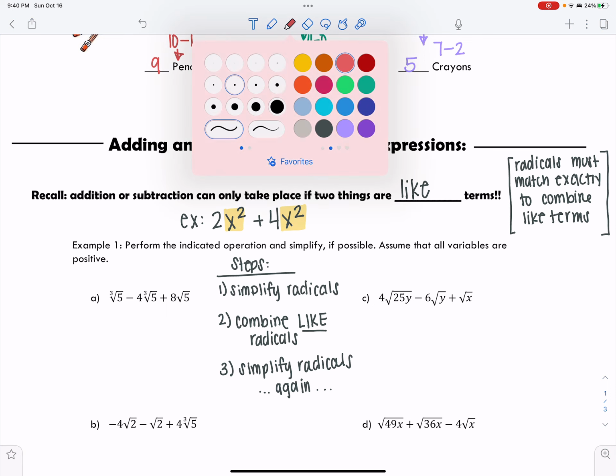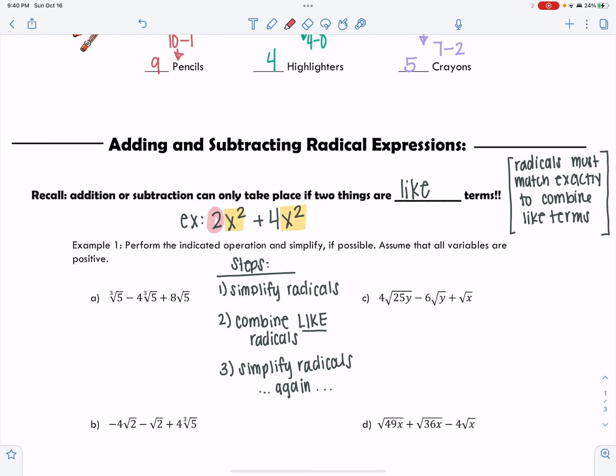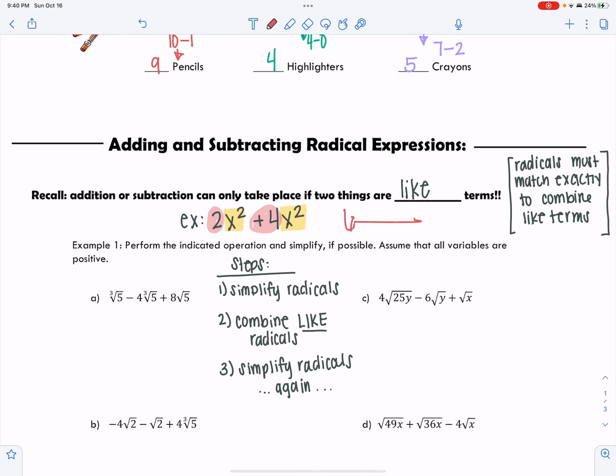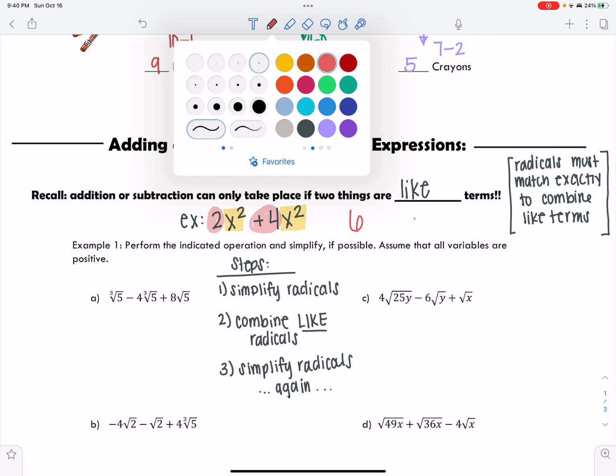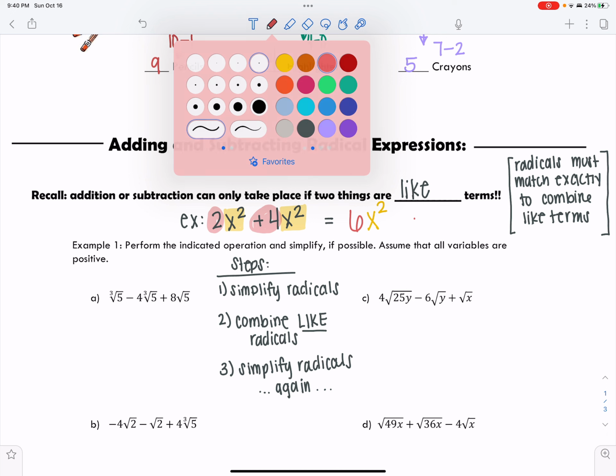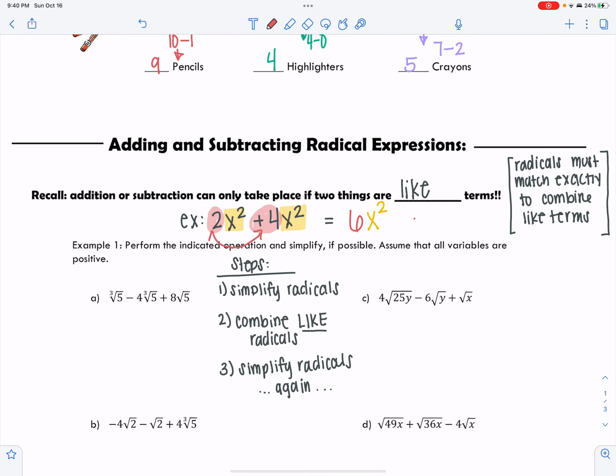Well, the x squareds are the like terms, so then I would say 2 plus 4 gives me 6, and then I carry over my like term, and so my final answer will be 6x squared. And how we did that back in our early algebra days, and even earlier in this class, we add up the coefficients and then keep the like term. So I said 4 plus 2 is 6x squared.